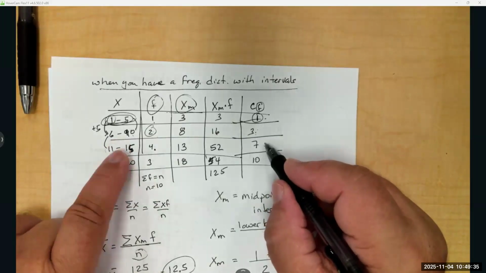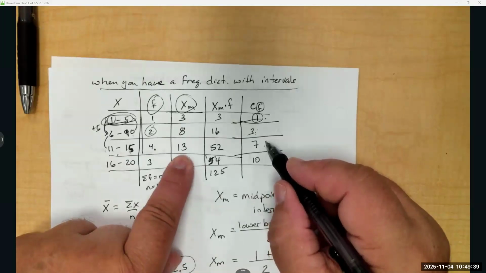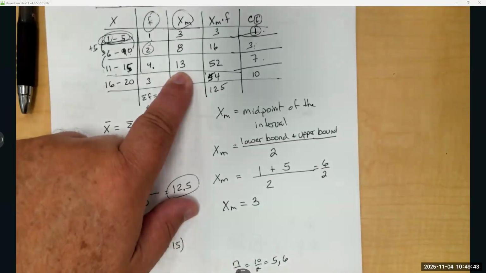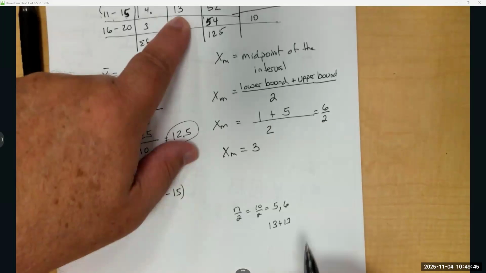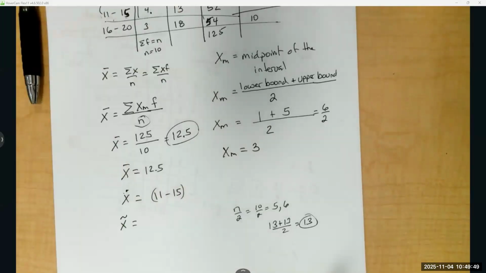So 5 and 6 go in this data set, which is represented by 13. So we go 13 plus 13 divided by 2 is 13. So that's how we do the median of a modal class of intervals.